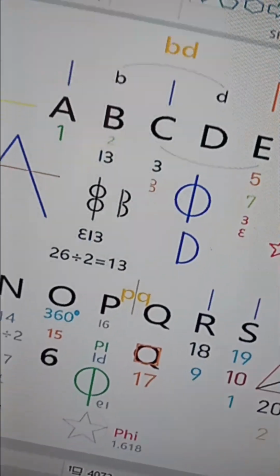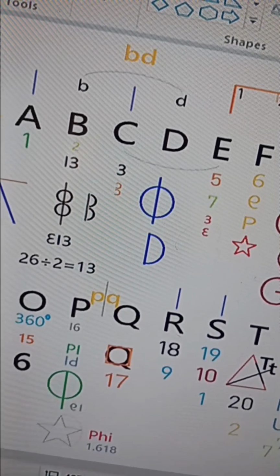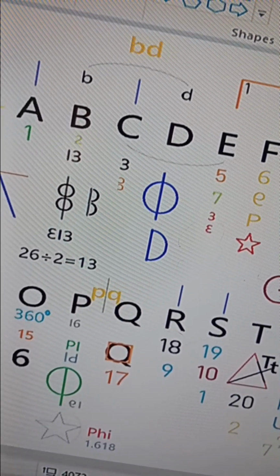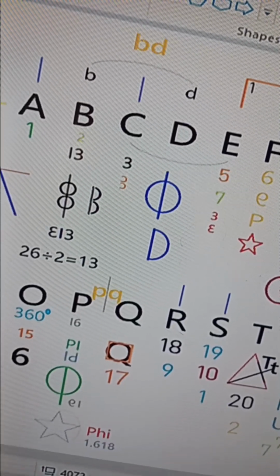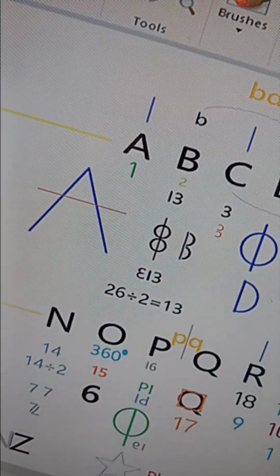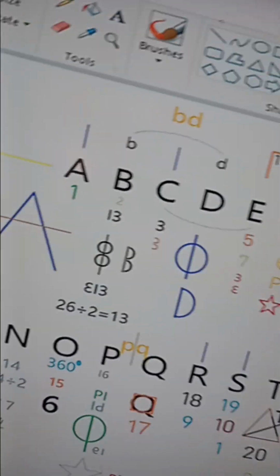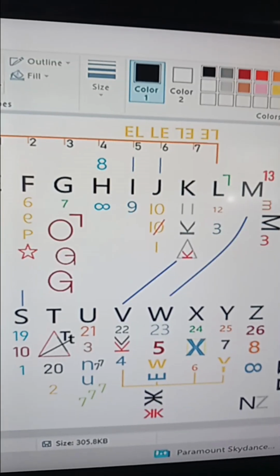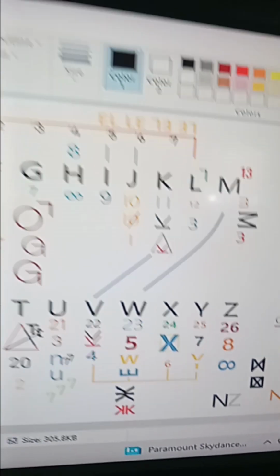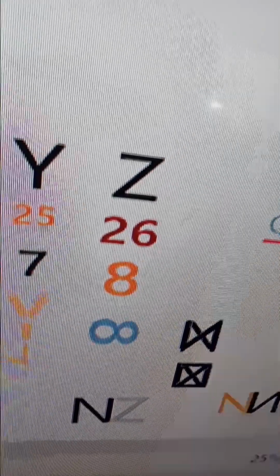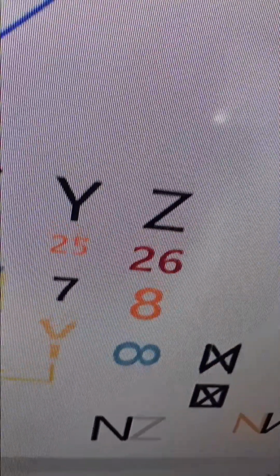C. C is a reflection of E when it's converted to a number. Now, this first group, 1 to 13, you could look at it like it's a circle in a cycle. So the full cycle would be 8, because 8 is 2 circles. That would be completion.